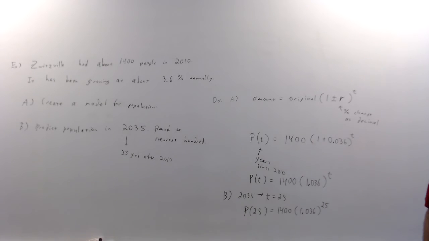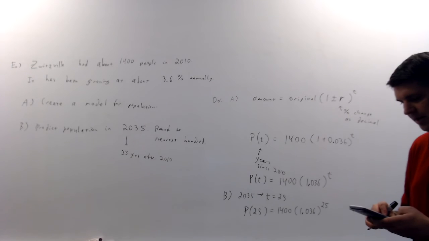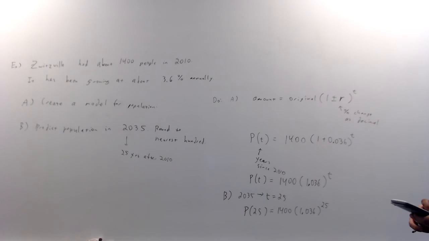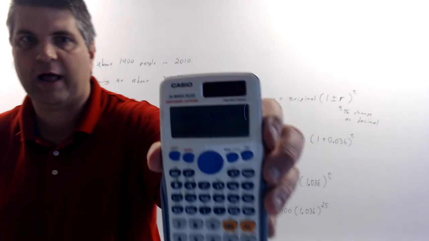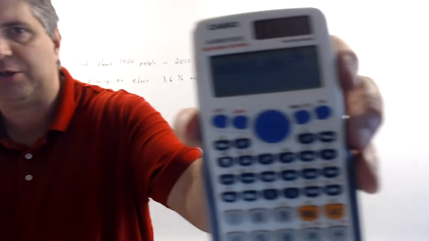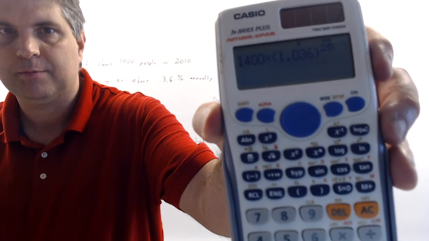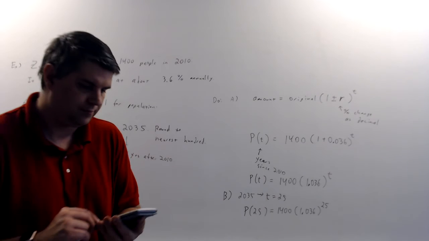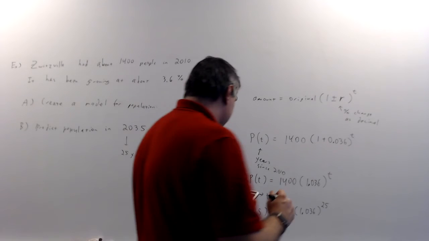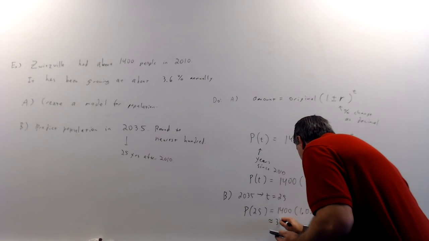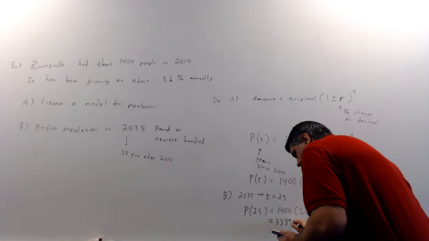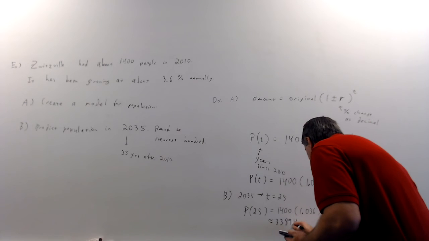Now, most calculators, you could just enter this in exactly as is. 1,400 times parenthesis 1.036, your generic exponent button, 25. This was what it would look like on the calculator that I'm using. So, this is approximately 3389.4.